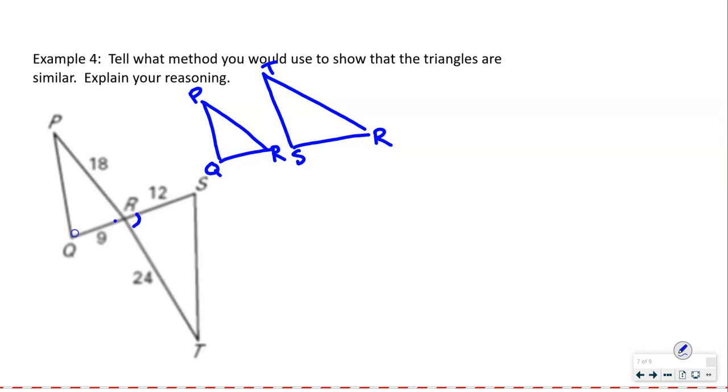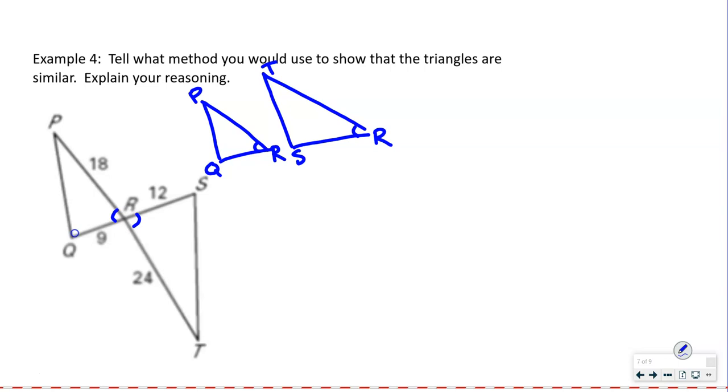We also notice we've got vertical angles here, so we've still got to use our original image to help us out. So we've got vertical angles, so we know those two angles are congruent. So we know R is congruent with R, and that makes sense, right? And really it's TRS and PRQ, but when we've got them separated like these two triangles, it's just R there.